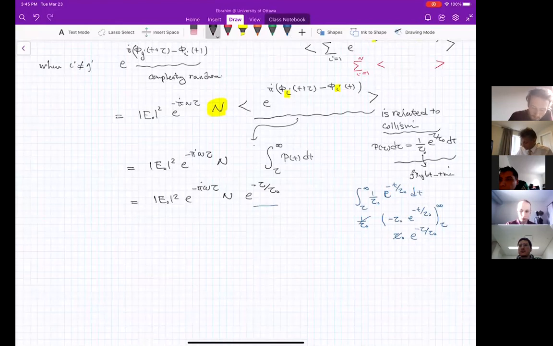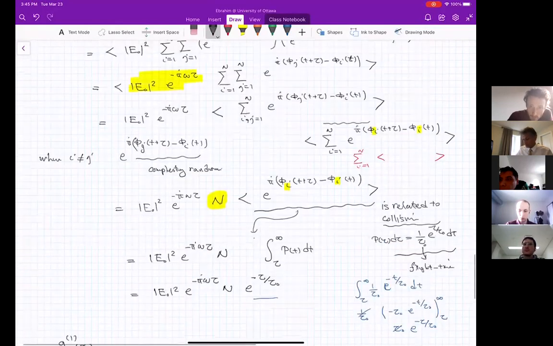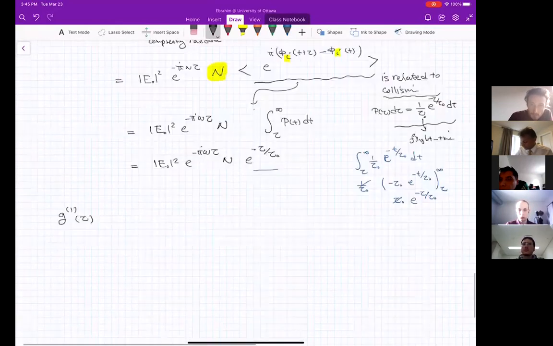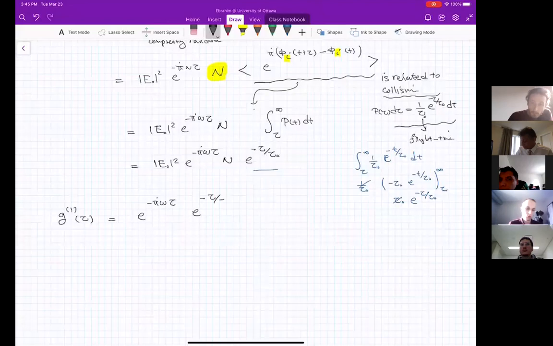So the G1 function, after the normalization, that was a capital G, guys. After the normalization, then you will get e power of minus i omega tau, e power of minus tau divided by tau 0.